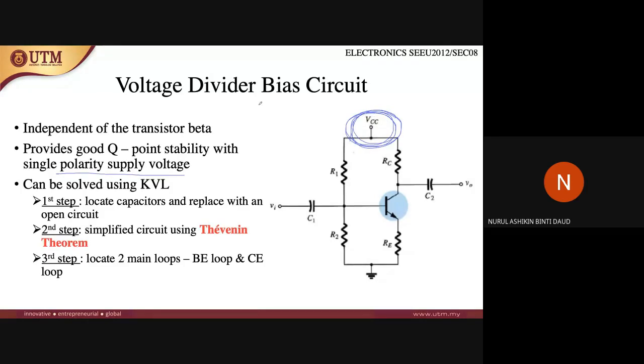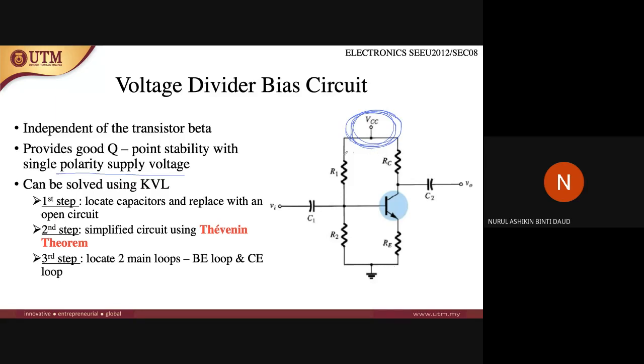Actually, for fixed base bias and then emitter stabilized bias circuit, we are also using a single polarity supply voltage. There is also another circuit, where usually in voltage divider we use double polarity supply voltage. That one we are going to look at later on.